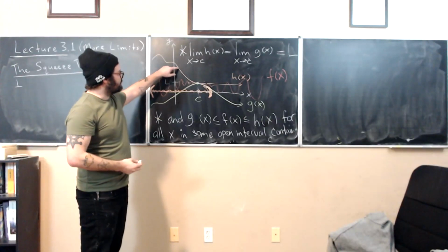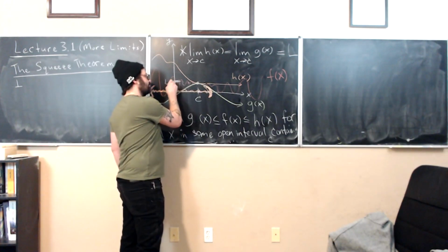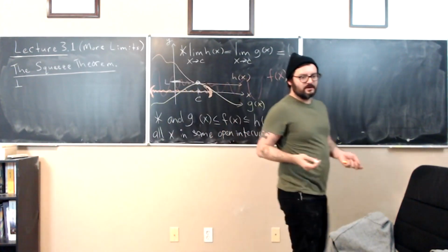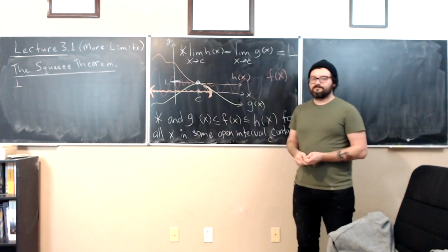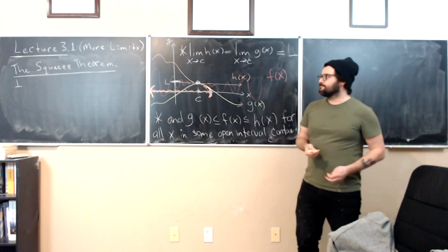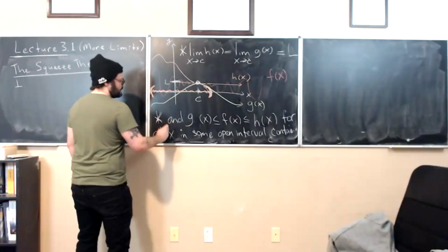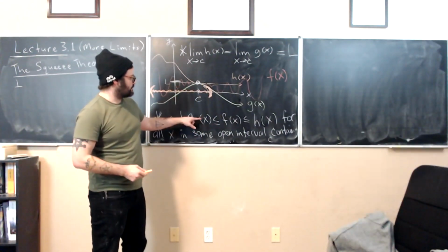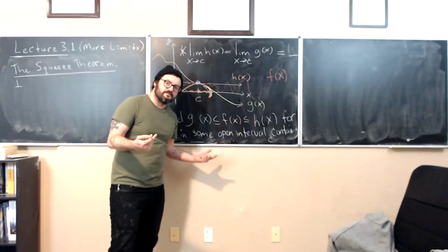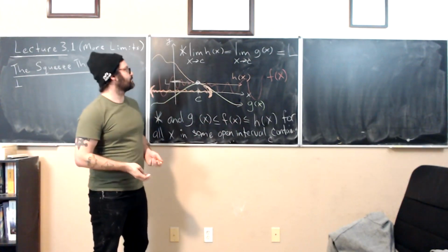If it's always between this and this, and both of those converge to the same limit L, what can we expect about the behavior of f? It should go to the same value, right? If this property right here is true, then it's somehow squeezed between the values of the function h and the function g.